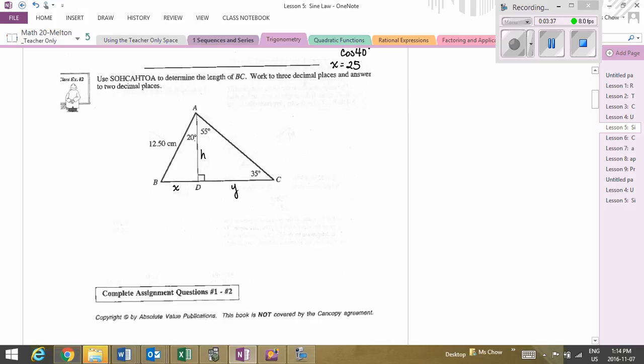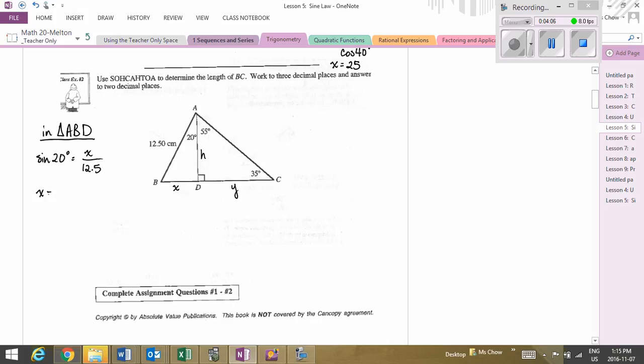I know that I have the hypotenuse of triangle ABD. I also have the angle A, or angle BAD, that's opposite to x. So in triangle ABD, we know that sine of 20 degrees is equal to x over 12.5 centimeters.